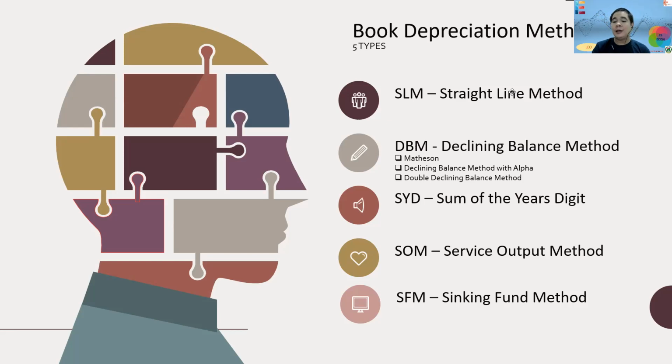Number 2 is the declining balance method with a certain multiplier, where you have to get your alpha. And the second one is the double declining balance method. The third book depreciation method is the sum of the year's digits. The fourth one is the service output method. And lastly is the sinking fund method.